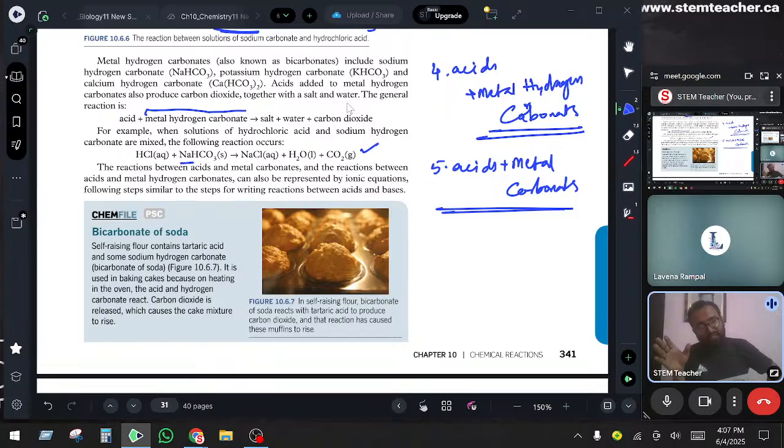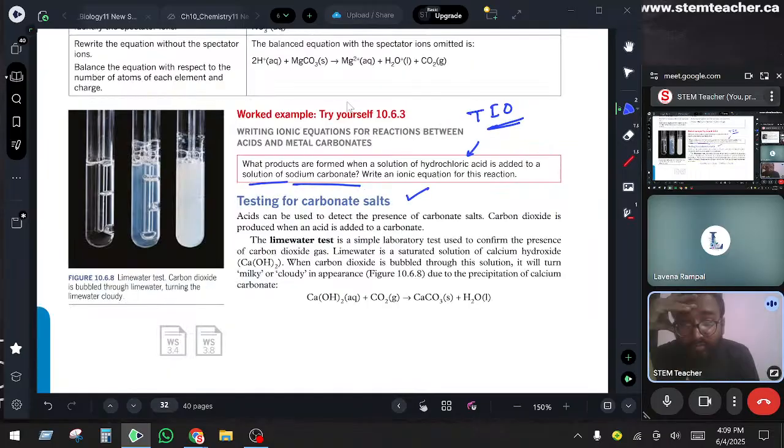Next, testing for carbonate salts. Acids can be used to detect the presence of carbonate salt. ये एसिड्स आपको कार्बोनेट साल्ट्स है कि नहीं ये चेक करने के लिए यूज होगा. Carbon dioxide is produced when the acid is added to a carbonate. भाई, all जगह पे हमको मोस्टली कार्बन डाइऑक्साइड मिल रहा है. प्रीवियस केस में कार्बन डाइऑक्साइड नहीं मिला था, पहला केस में H2O मिला था, बाद में साल्ट मिला था.